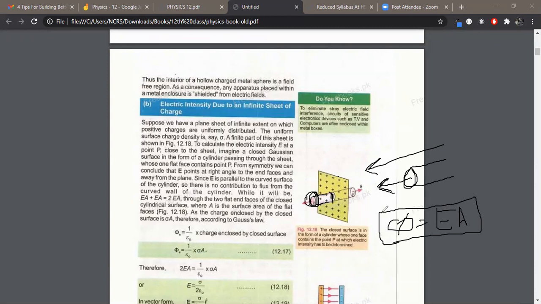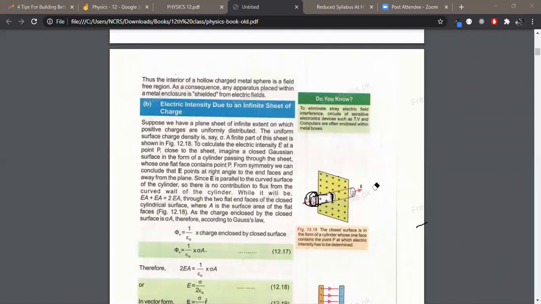So now I've calculated the electric flux at the left hand side of our Gaussian surface, that is phi equals Ea, and the flux on the left hand side is only because of this side of the surface.